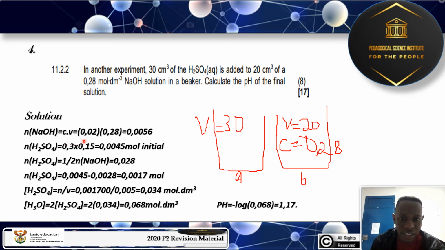What is the concentration? No, the concentration is 0.28 times the volume. The volume is 20, therefore we divide by 1000, and it gives us 0.02. Therefore 0.02 times 0.28, it gives us what?